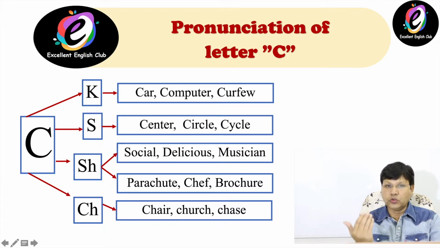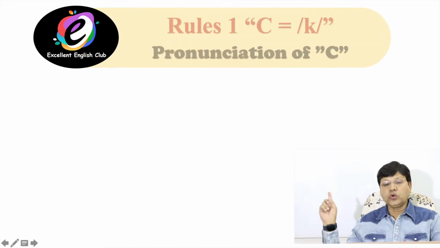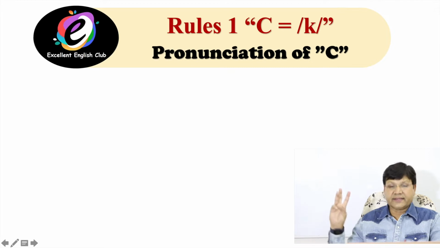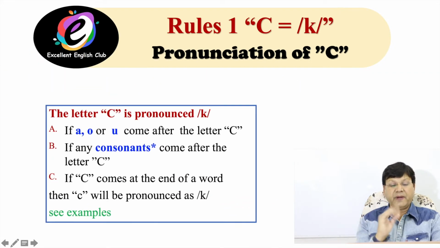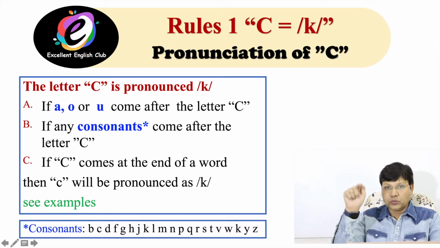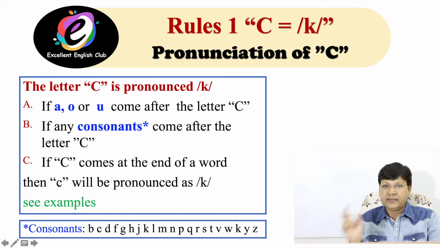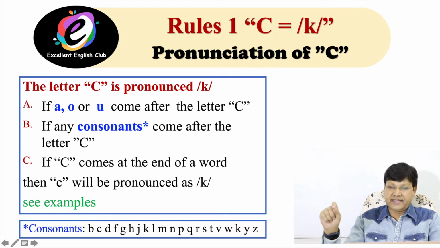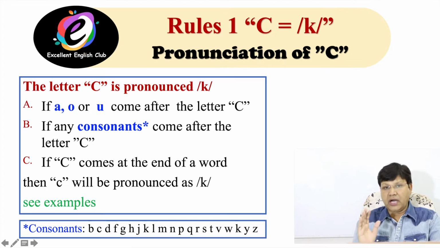Now I will let you know the rules why we pronounce this letter in 4 different ways. Look here, the rule number 1. Rule 1, C is equal to ka. There are 3 different points in this rule. The first point is if A, O and U come after the letter C, C will be pronounced ka. Second point, if any consonant comes after the letter C, it will also be pronounced ka.